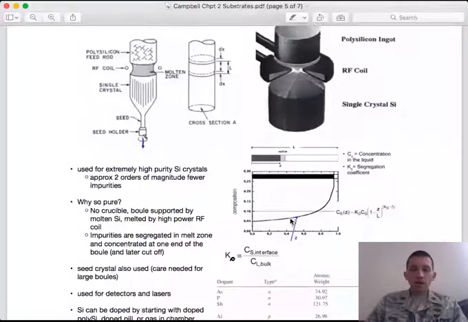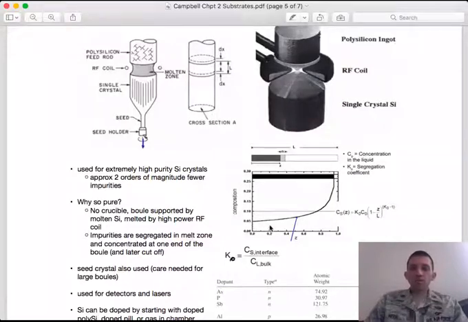I am going to have more of the impurities in the molten region, and that pushes them to one end, right? So for this example, if I were to start melting here, and I'm tracking the concentration of an impurity, it is increasing because, as the liquid concentration increases, with the same coefficient, the solid concentration is going to increase also, but still be below where it was before we melted the material at all.